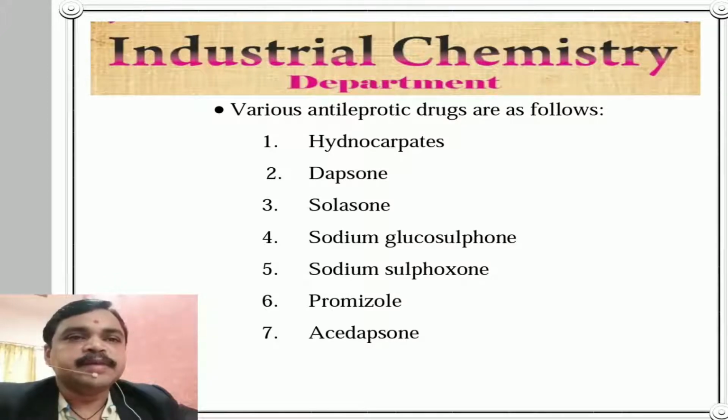Here is a spelling mistake, S-O-L-A-P, there is no extra P in the spelling. So number 3 is solapsone, S-O-L-A-P-S-O-N-E. Number 4, sodium glucosulfone. Number 5, sodium sulfoxone. Number 6, promizole. And number 7, acedapsone.